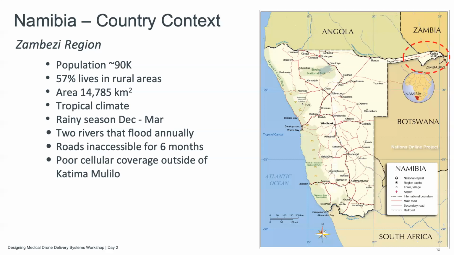Most of the roads leading to the facilities we're trying to implement are closed off for about 6 months. Bad roads, only accessible with 4-wheel drives or by boats. And also most of that area is outside of the cellular coverage. Next.